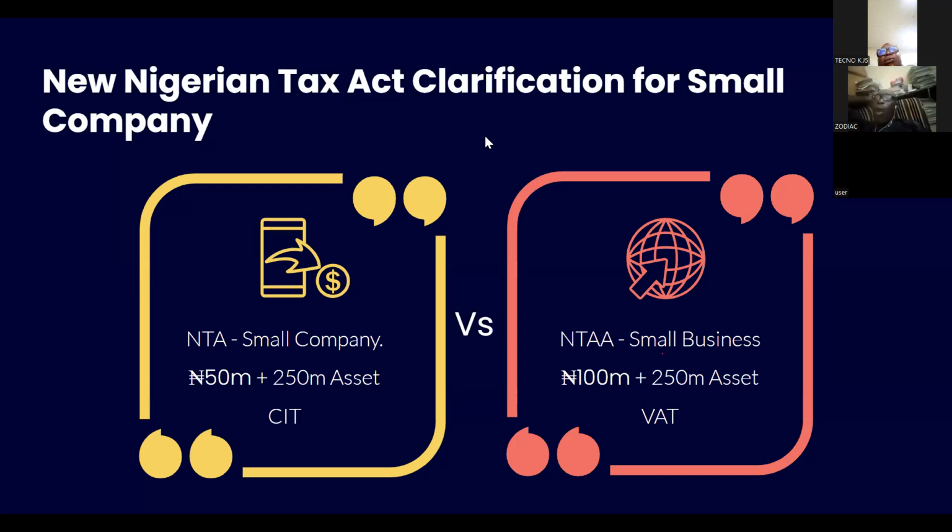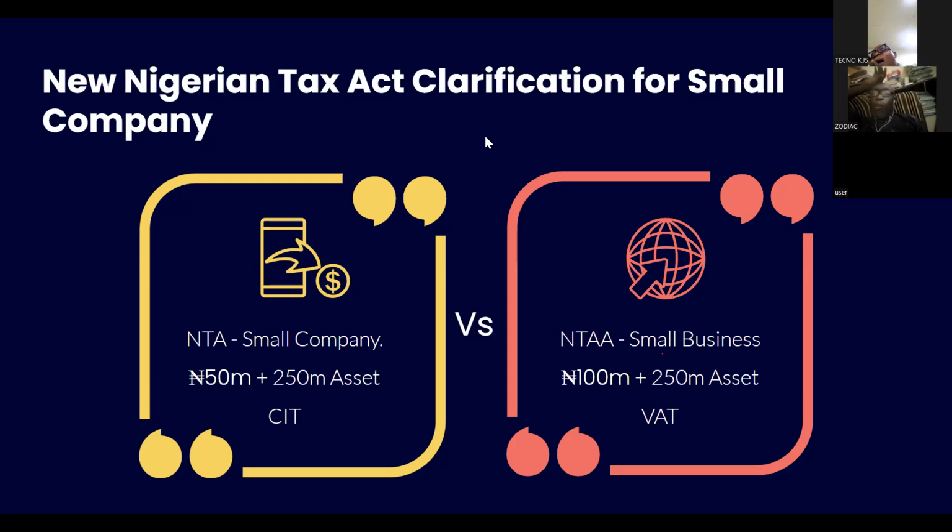Okay. So that's it basically. The first NTA referred to a company, which is a limited liability company, and then the NTAA referred to the umbrella body. Either you are a business name or a company, whatever business you are running, the NTAA elaborated to include both business name and company. But then their presentation did not capture company income tax.